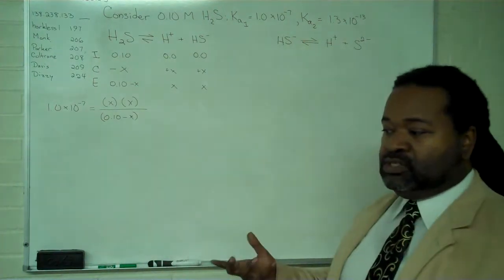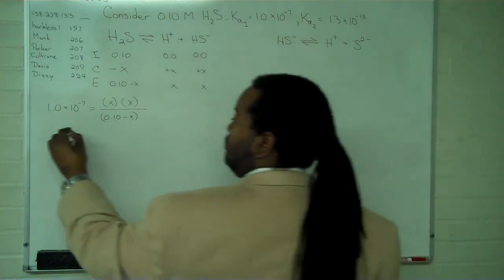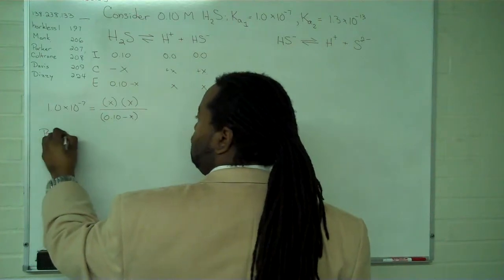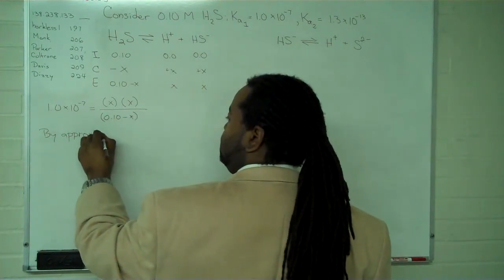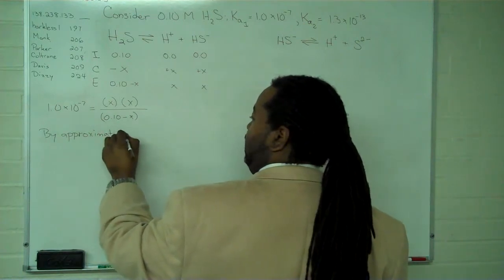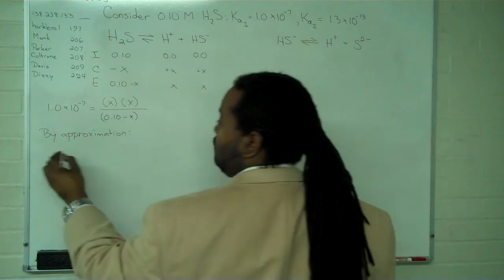Now we can use the approximation method to find a value here, and then test to make sure that what we find is less than 5% of this initial amount.